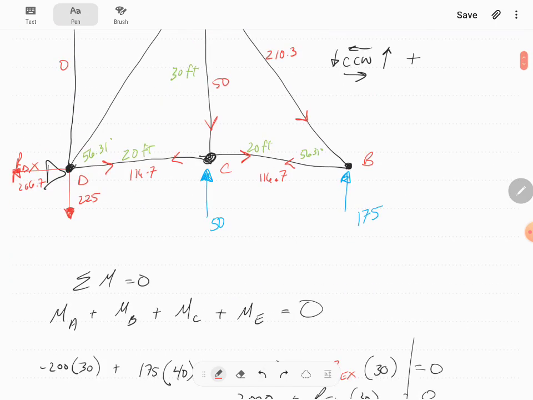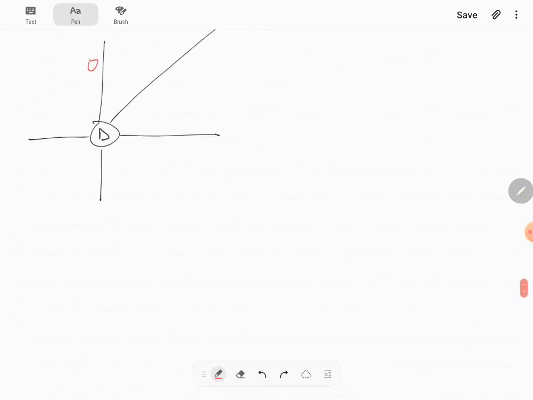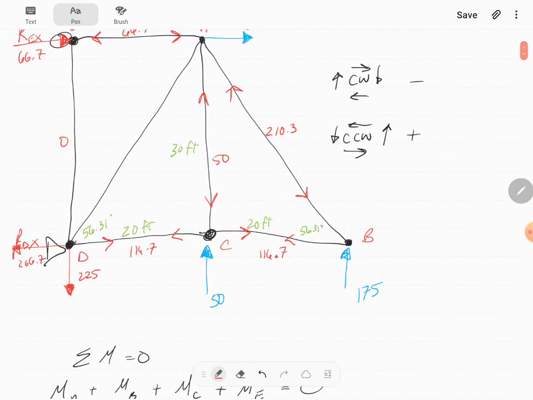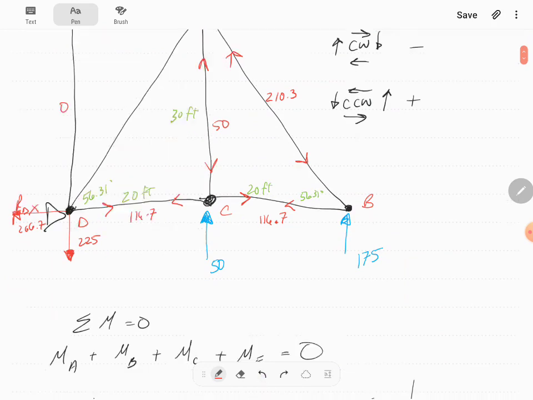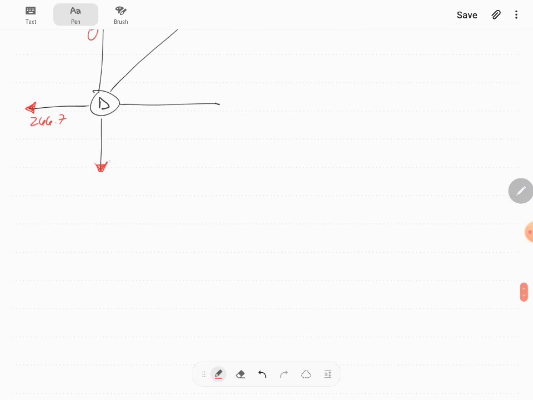What else do I know? I know that the horizontal reaction is 266.7 to the left. So add it on. 266.7 to the left. What else do we know? Looking back here, we've got this piece of the puzzle. 225 pointed down. Let's add that one on. This goes down at 225.